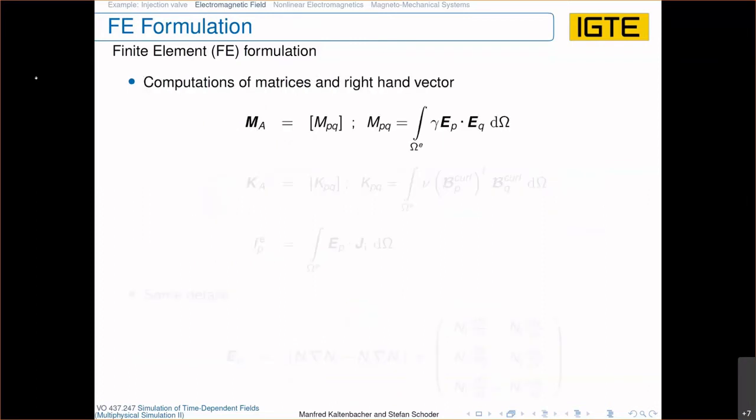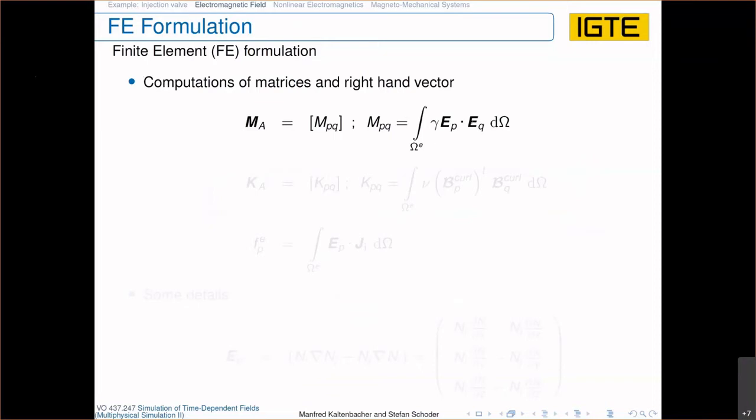Okay, so just explicitly, all the entries of our mass matrix are computed accordingly by this relation here.